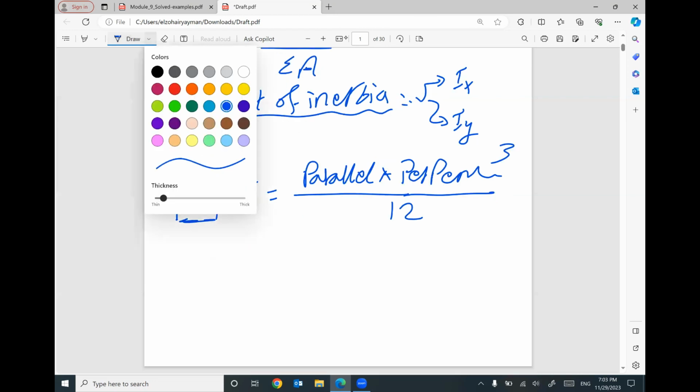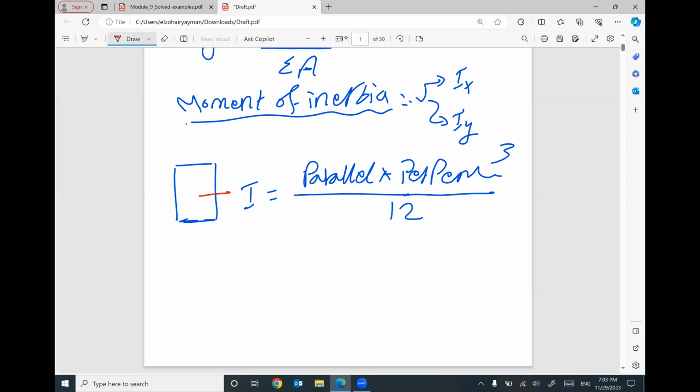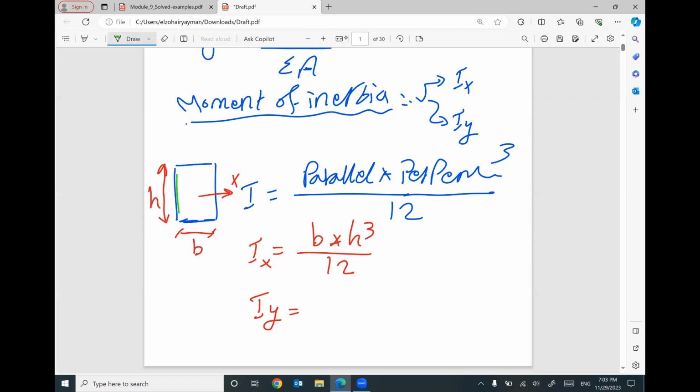So for example, if you are looking for Ix, the parallel to X is B, and the perpendicular to the X direction is H, cubed divided by 12. If you are looking for Iy, parallel to Y will be H. Perpendicular to Y will be B cubed divided by 12.